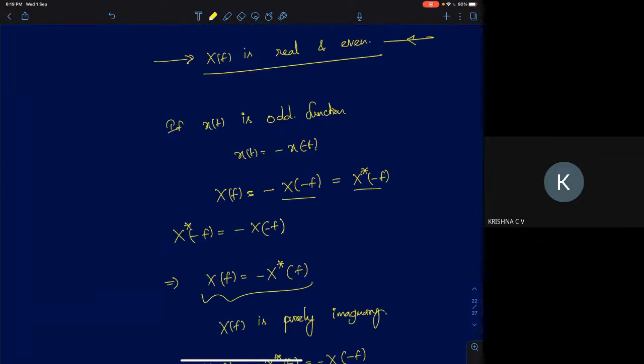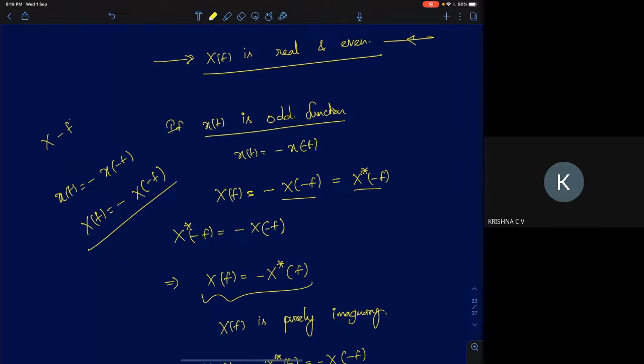Now if you consider an odd function, you get x of t equals minus x of minus t. So if you take Fourier transform on both sides, you get X of f equals minus X of minus f. Remember, you'll have to satisfy this condition, so I'll keep this in mind. X of minus f equals the conjugate X star of f. This follows from the conjugate symmetry property.